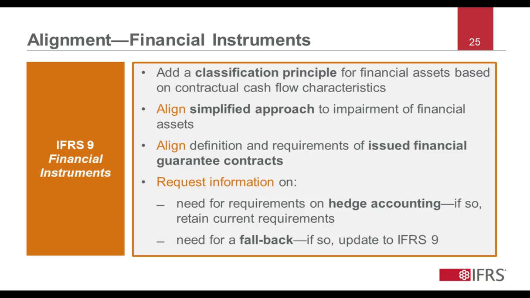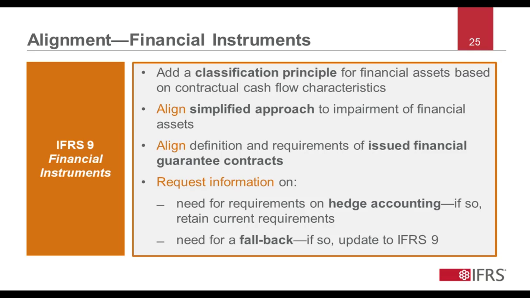So an entity would approach the standard just as it has in the past, look at the financial instrument it has, look at the examples, and if the instrument falls within the examples, then it would apply the exact same approach. However, if it's got an instrument that doesn't fall within those examples, it could use the principle. So we felt quite strongly that this would help ease implementation and application of the standard.